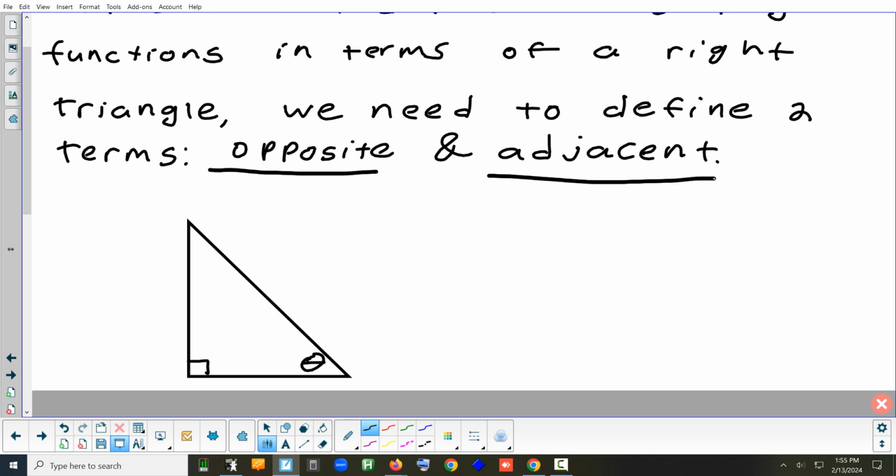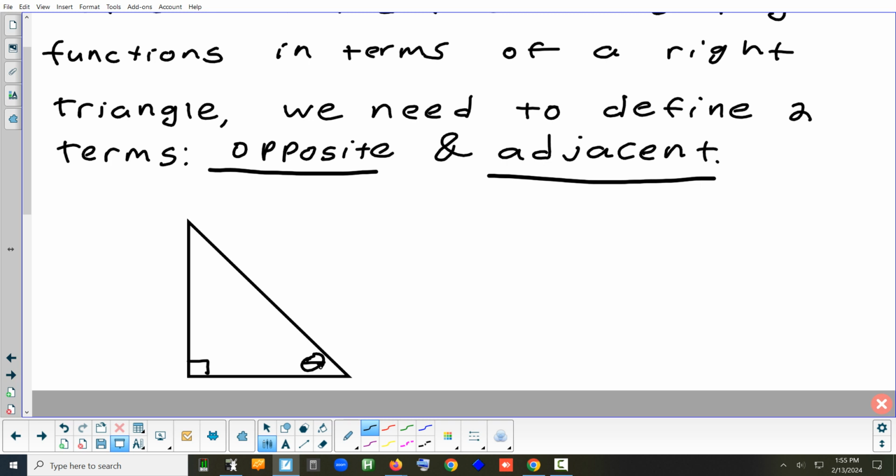It's not like there's one wall that's always left. It all depends which way you're facing. So the way that they tell you which way you are facing is they mark an angle with a Greek letter. For this triangle, pretend like you're standing right where that letter is and you're looking out.